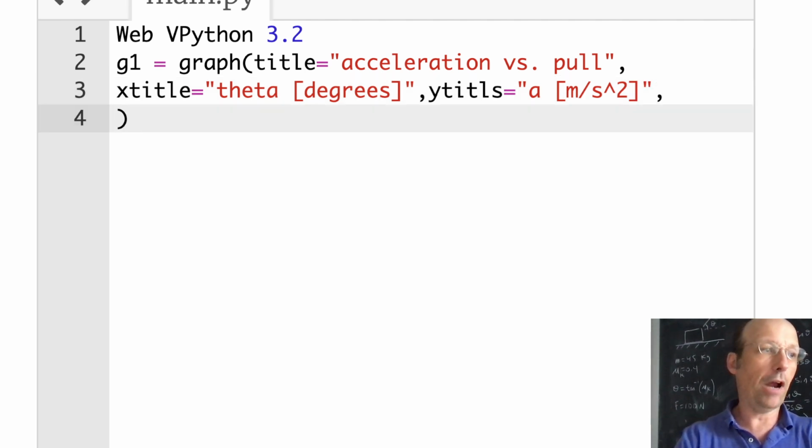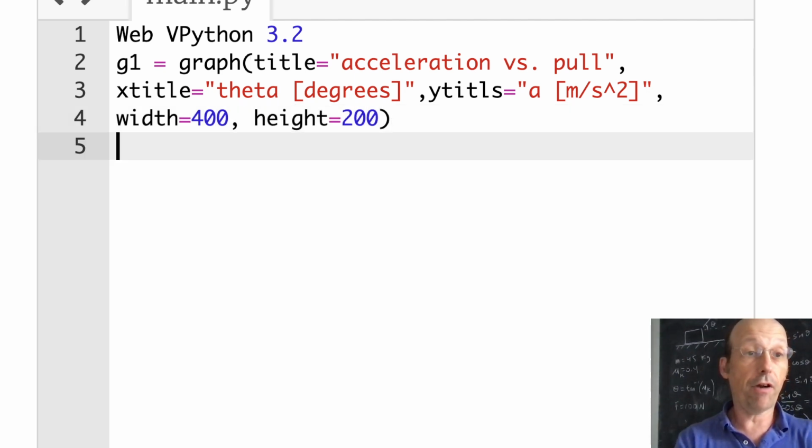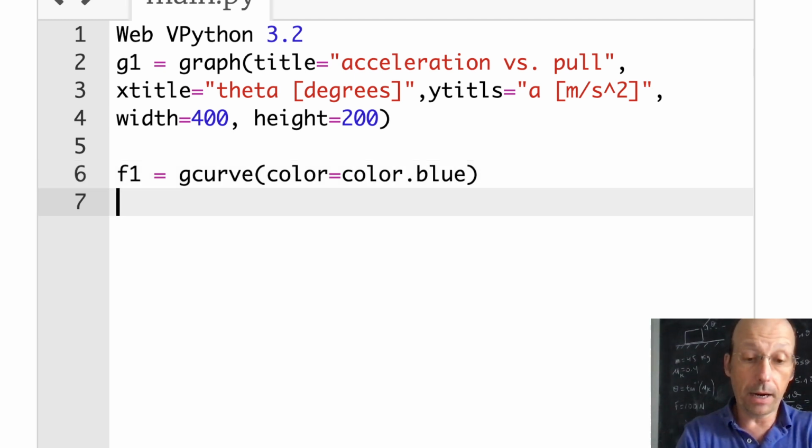And then I'm wrapping it around just so it fits. The width obviously has to be small, 400. Height equals 200, just so the graph plots. Now the thing I'm going to plot is going to be a G-curve. Color equals color dot blue. Okay, now I'm going to enter my constants.